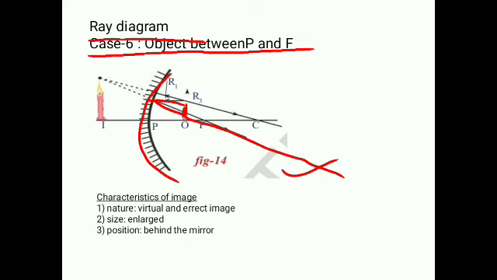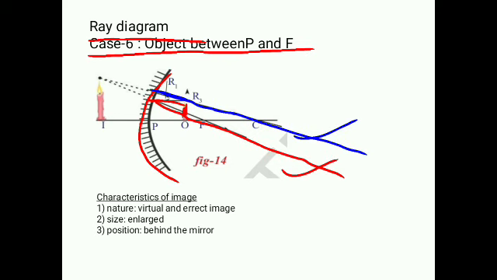Similarly, in the previous case we had taken R3, a ray started from the tip of the flame of the candle that moves towards the mirror and gets reflected in such a direction that it passes through center of curvature.